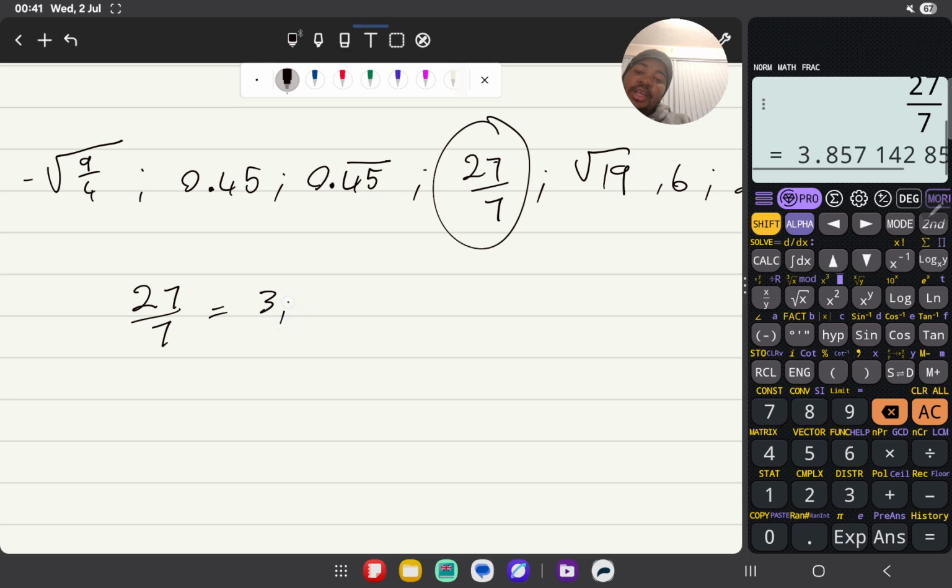Since there isn't any other digit, then 3 times 7 is 21. 27 minus 21 is 6. So now you have 60 divided by 7. Now you check how many 7s you have there. You have 8 of them. 7 times 8 is 56. 60 minus 56 is going to be 4.